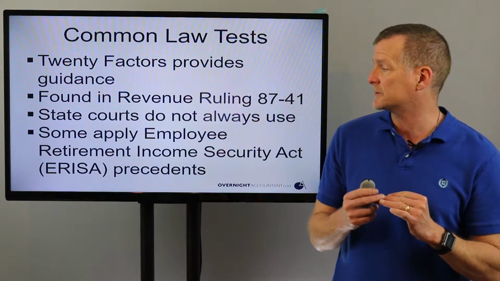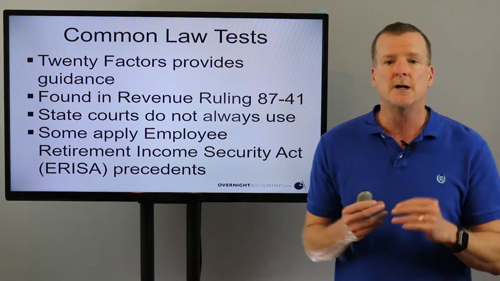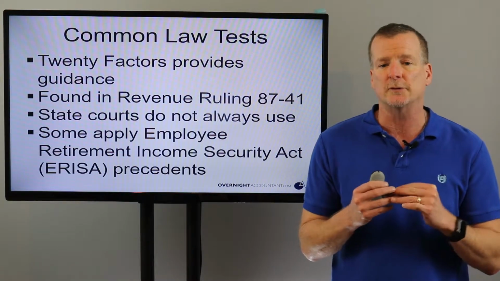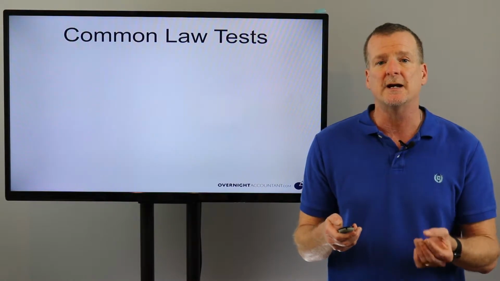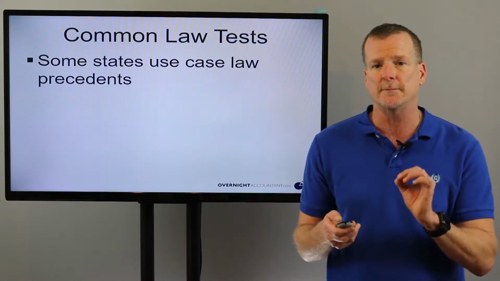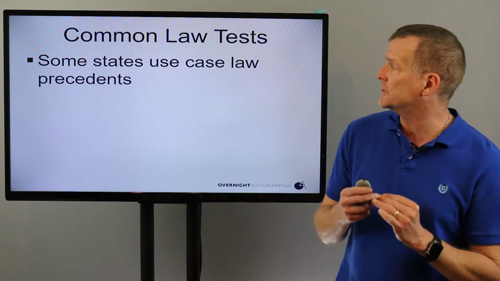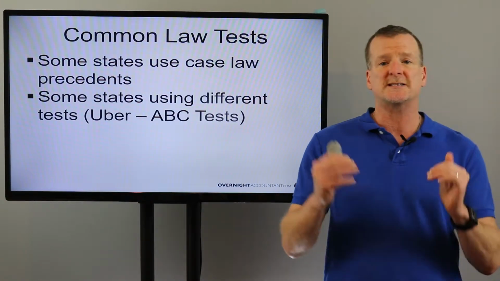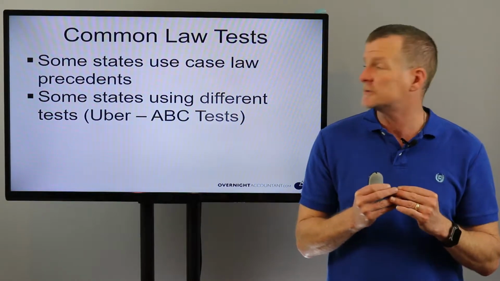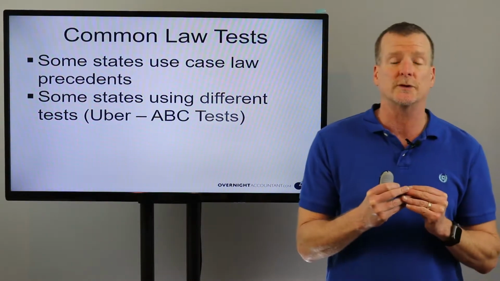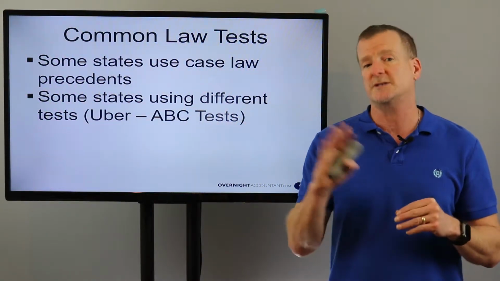Some are applying, and this goes back pretty far, the Employee Retirement Income Security Act, or ERISA. They're utilizing precedents in there, and we're going to go over one of the most common precedents in a moment. Some states are using case law precedents, and some states are using different tests, and many are resorting to what's called an ABC test, which we're going to discuss in a later lesson.